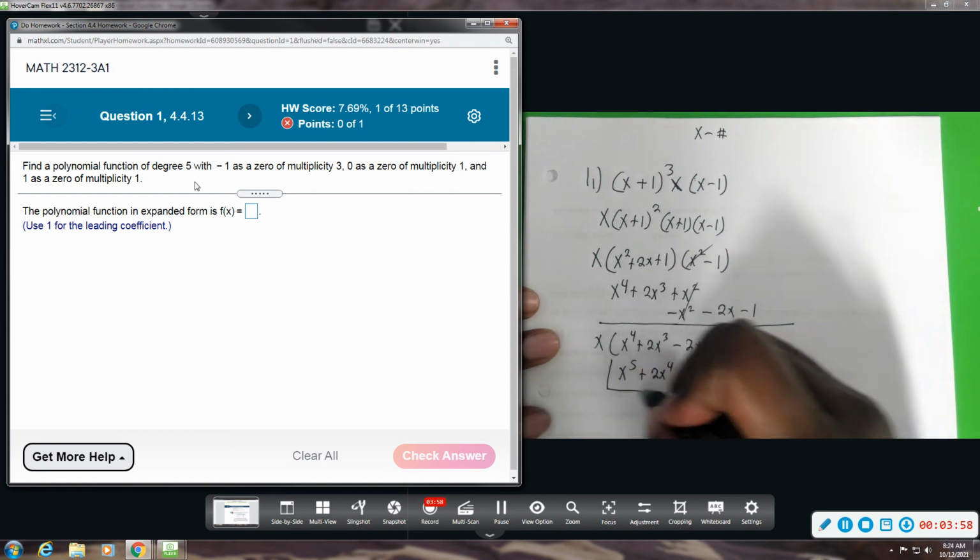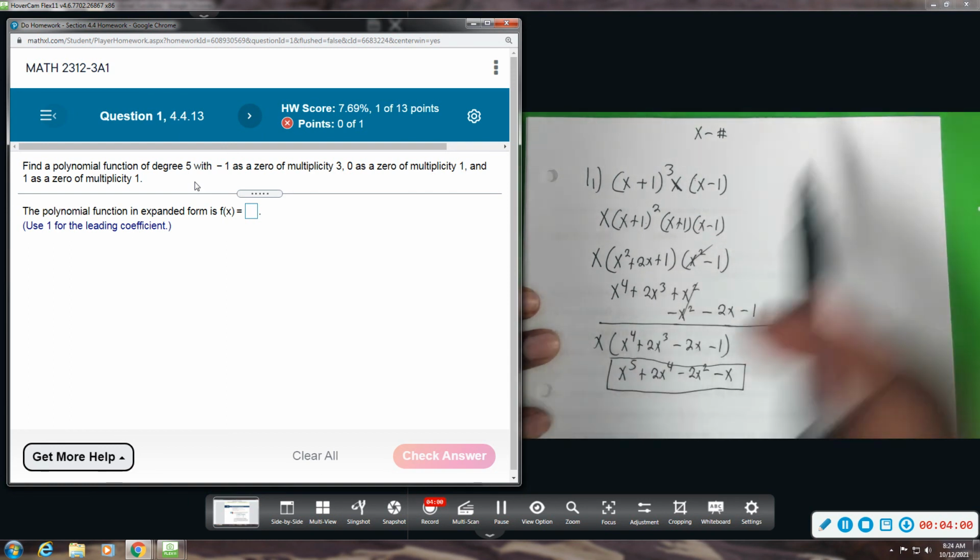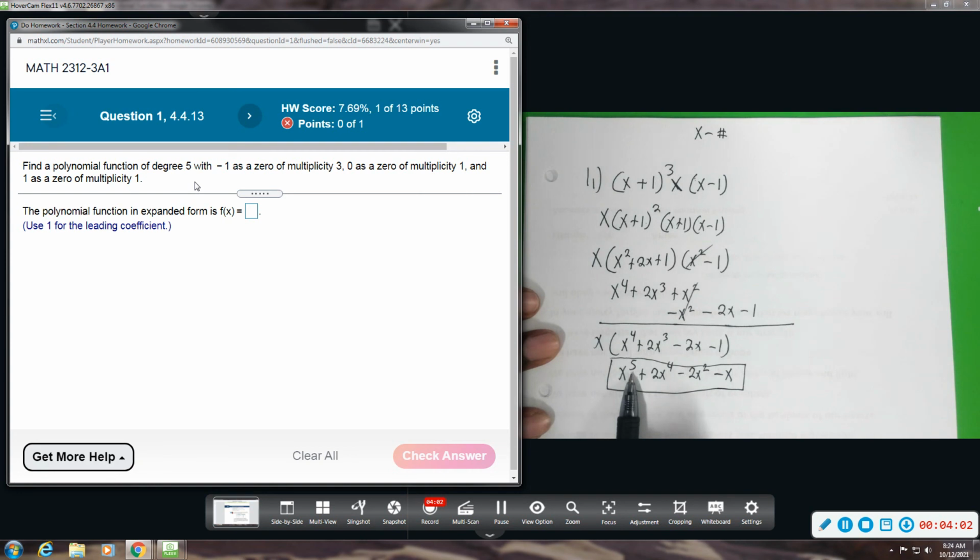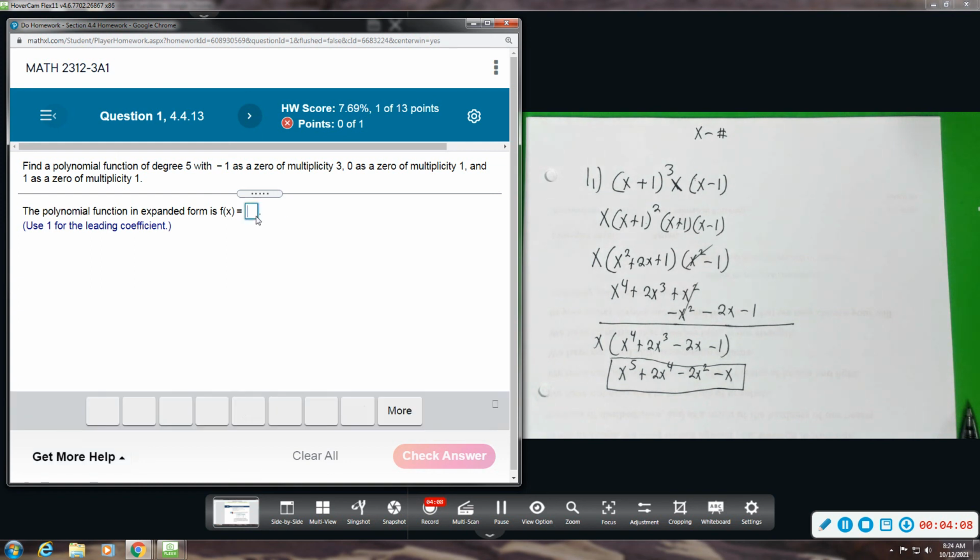So here is what we wanted, a 5th degree polynomial whose zeros were the given ones that we had. So we're going to type this in: x to the 5th plus 2x to the 4th minus 2x squared minus x.